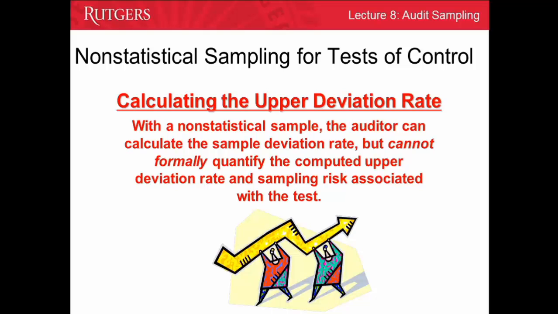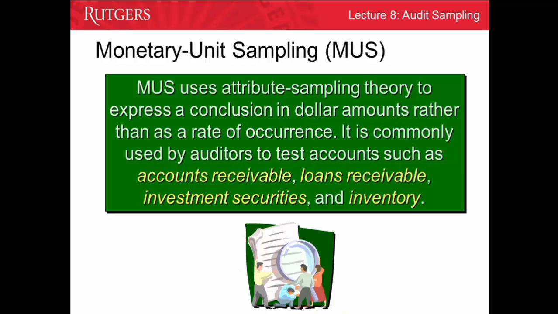Rather than testing additional items, however, it is generally more efficient to increase the auditor's assessed level of control risk to the level supported by the result of the original sample. Okay, this is for sampling for tests of controls.